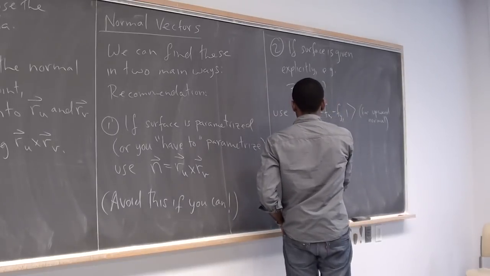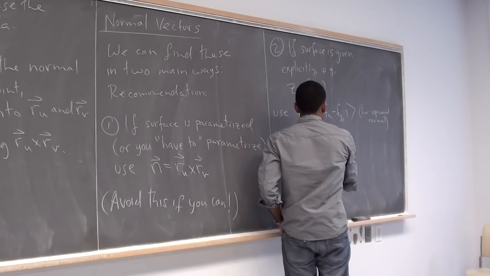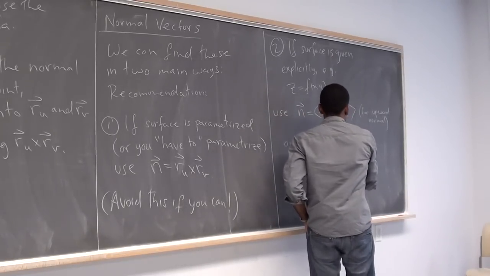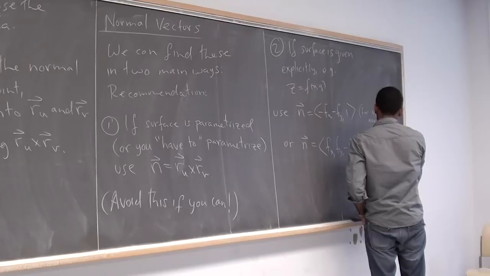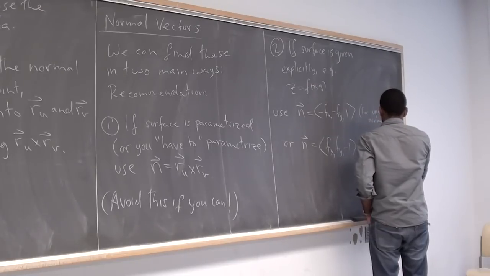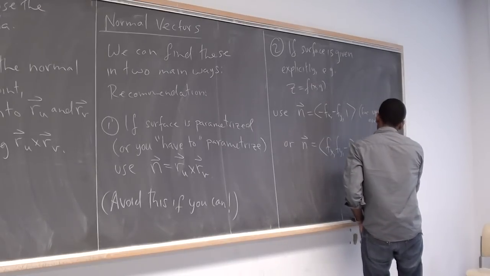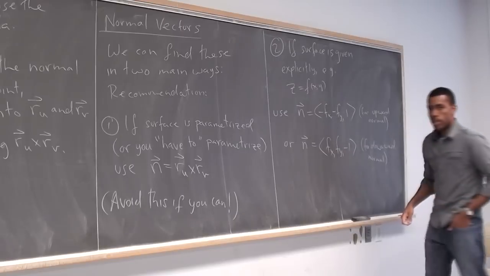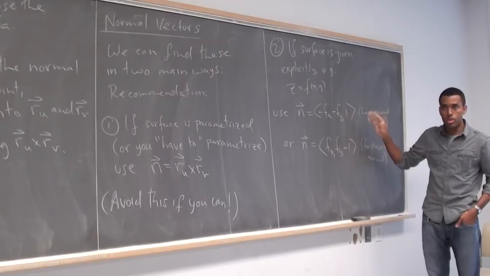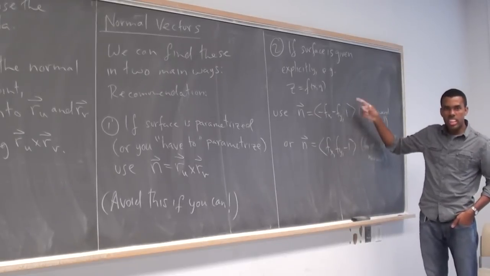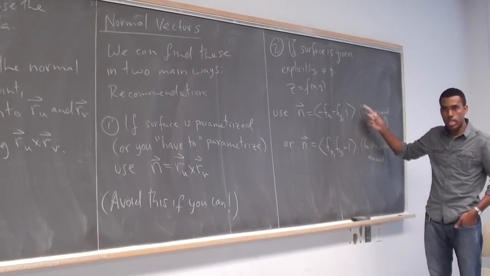Or n equals fx, fy, negative 1, the downward one. We haven't covered cases where this matters yet, but we will soon, so you should be able to tell the difference between pointing up and pointing down.